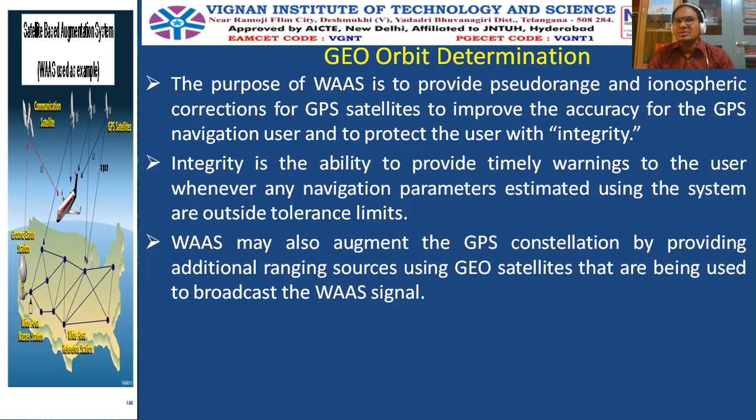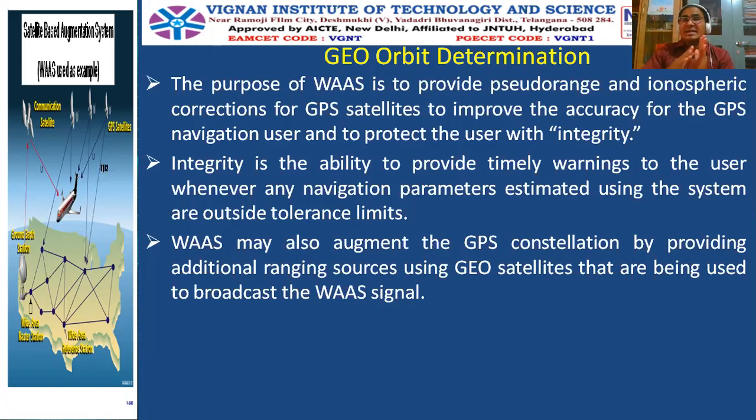Of course, in addition to this, the wide area augmentation system will also augment the GPS constellation by providing additional ranging sources using the geosatellites that are being used to broadcast the WAAS signal. See how fun it is. The WAAS system is developed for the differential corrections of the end user.